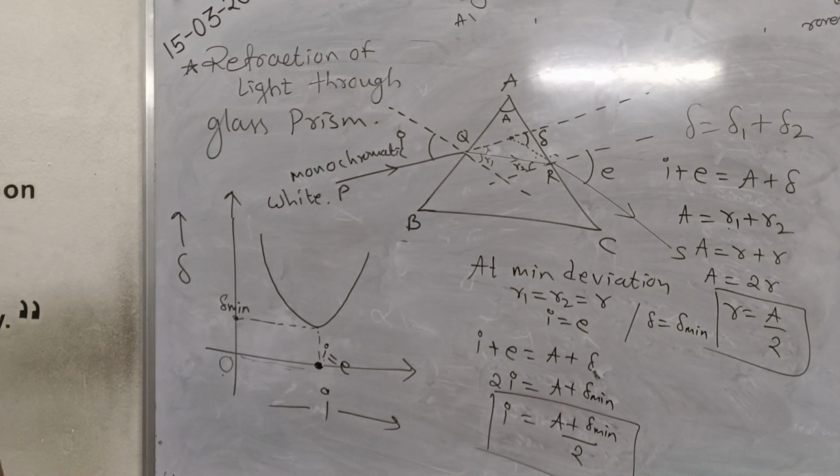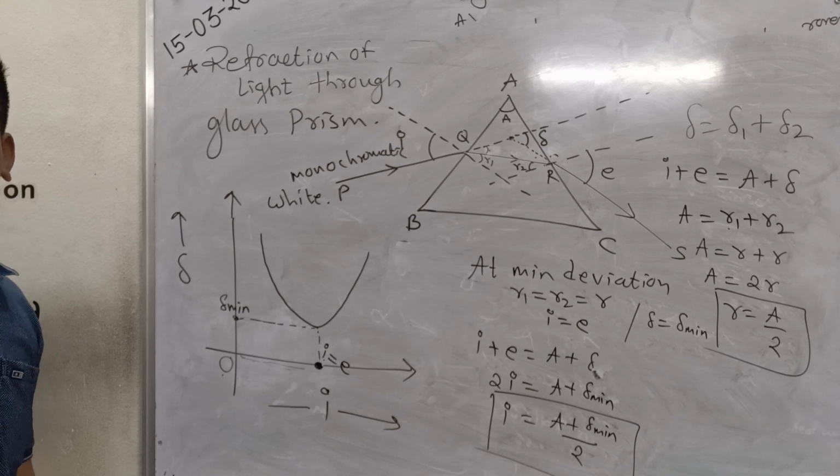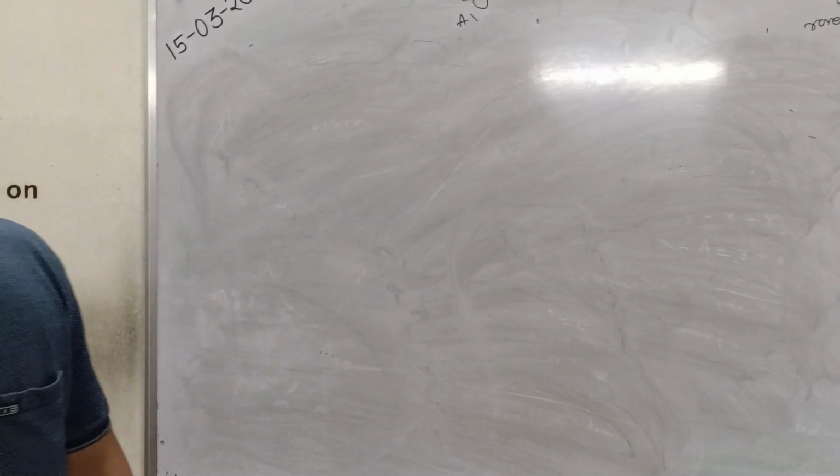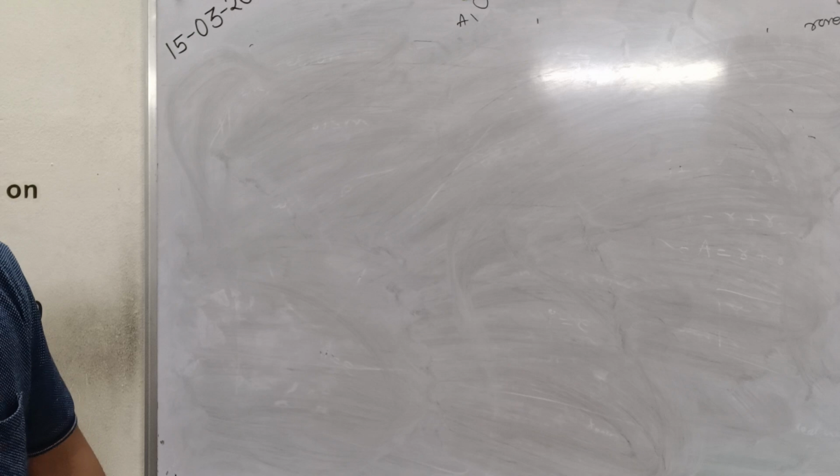Okay. Any doubt? It is R plus R, and here also there is a plus: A plus delta minimum.